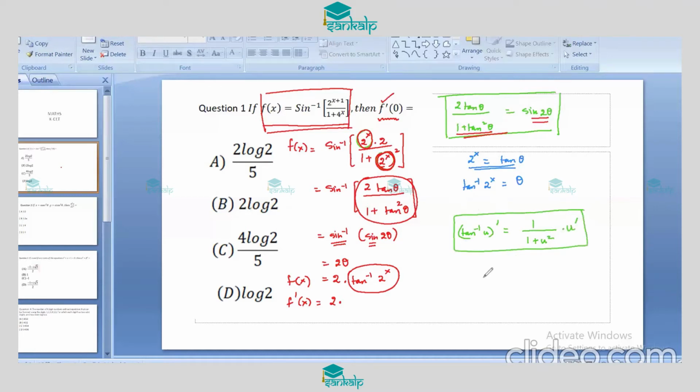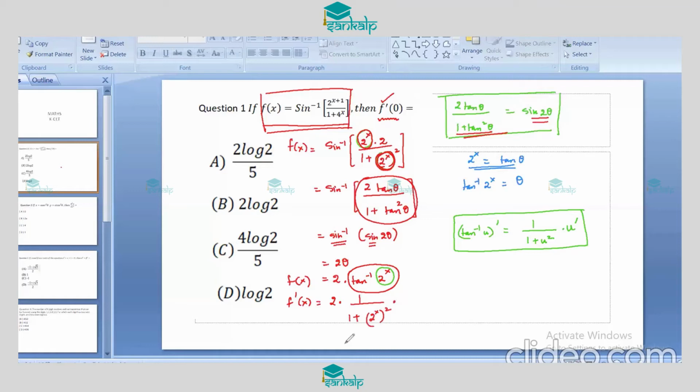This formula we will use now. So I'm imagining this as u. 2 power x I'm imagining as u. So I have tan inverse u derivative as 1 over 1 plus u is 2 power x whole square.